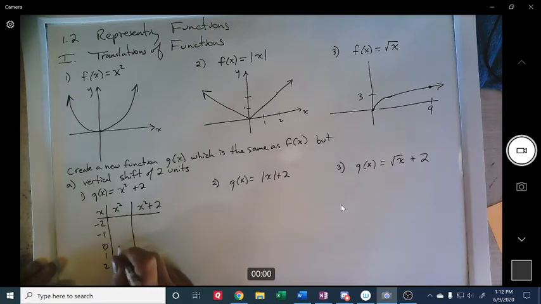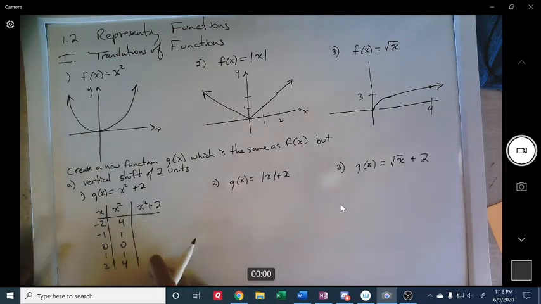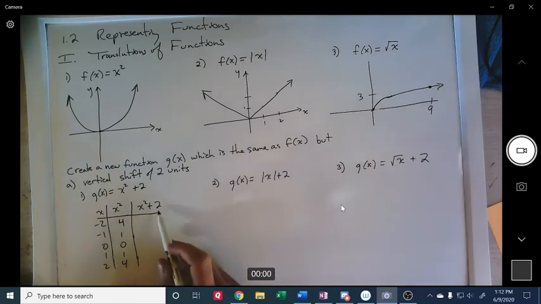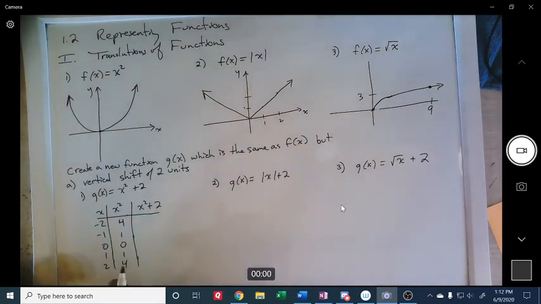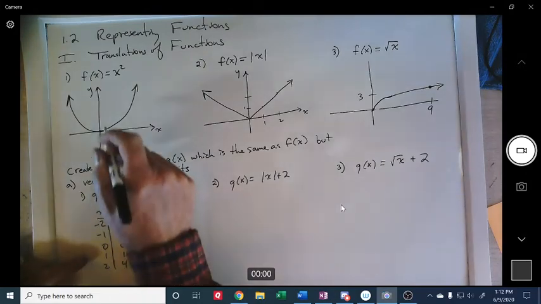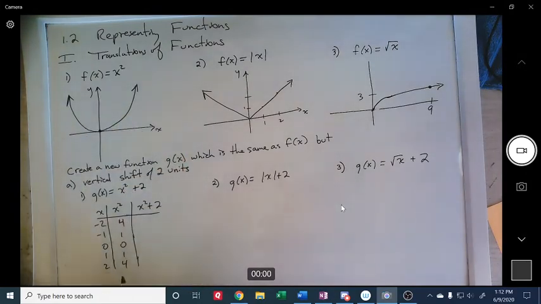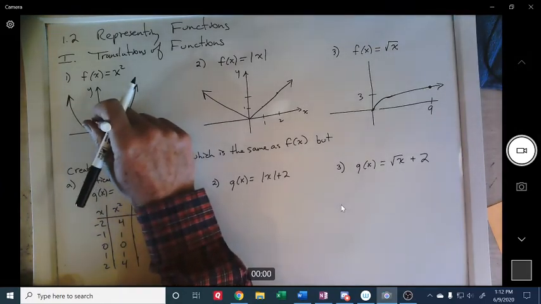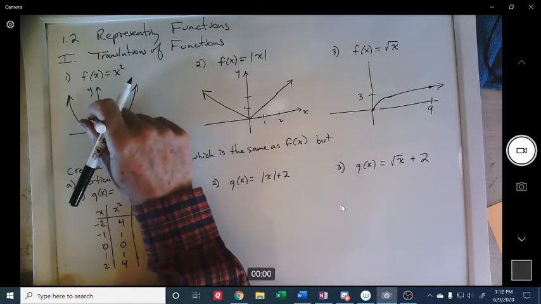If I square each of these, and then if I add 2, it takes every single one of these heights and just adds 2 to it. Now, let's look at these as points, one at a time. 0, 0 is this point right here. When I add 2 to it, I'm taking the height of 0 and changing it to a height of 2. So I'm moving it up 2 units.